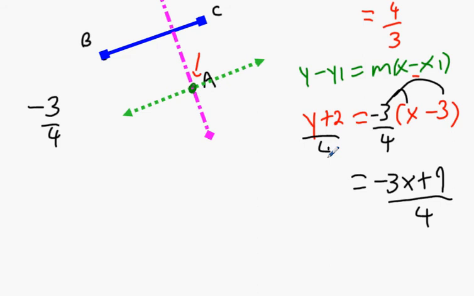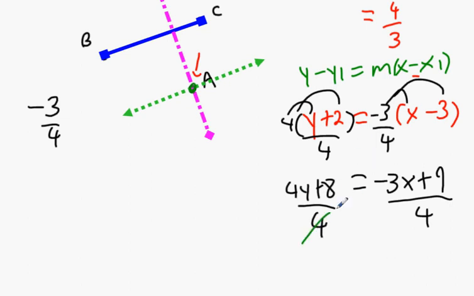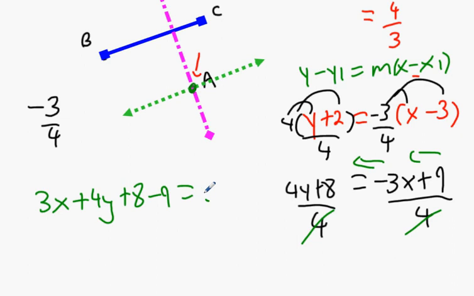And then put 4 top and bottom. And what happens then? All over 4. And then what happens next? And then the 3x and the 9. Plus 4y. Then after that, 8 minus 9, minus 1. There we go, guys. 3x plus 4y minus 1 equals 0.